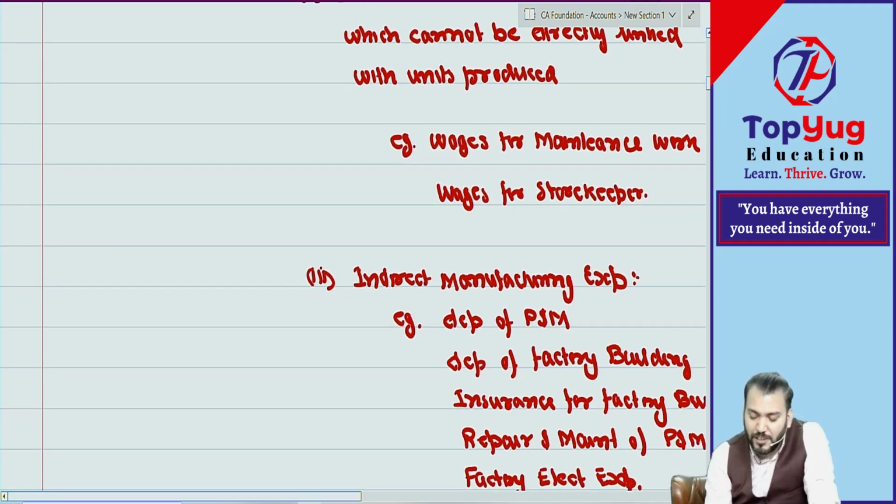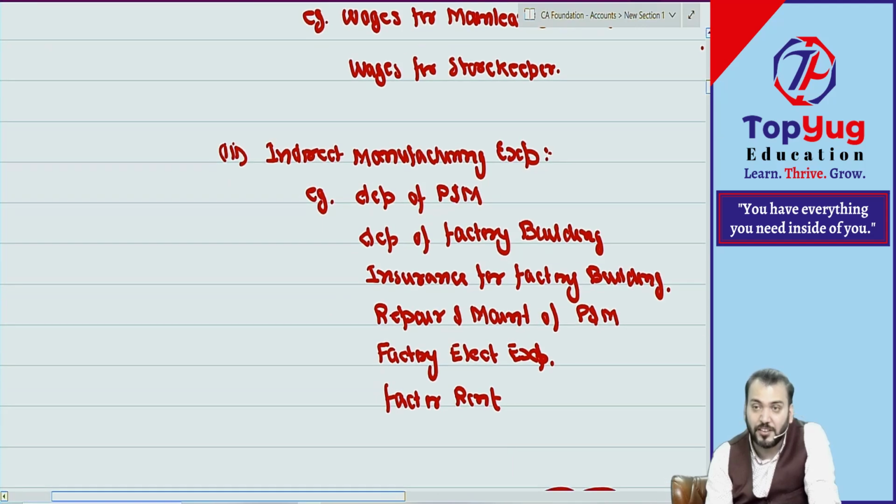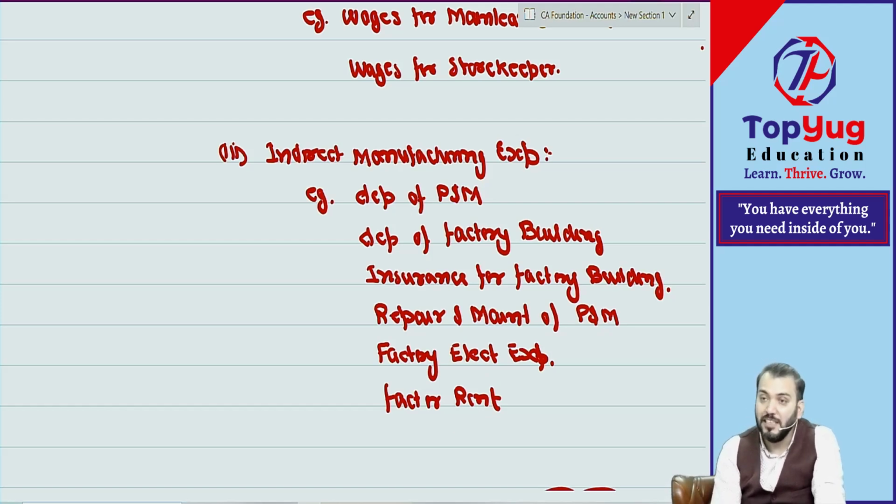Then indirect manufacturing expenses: depreciation of plant and machinery, depreciation of factory building, insurance of factory building, repair and maintenance of plant and machinery, factory electricity expenses, factory rent, etc. So this becomes an example of indirect manufacturing cost.